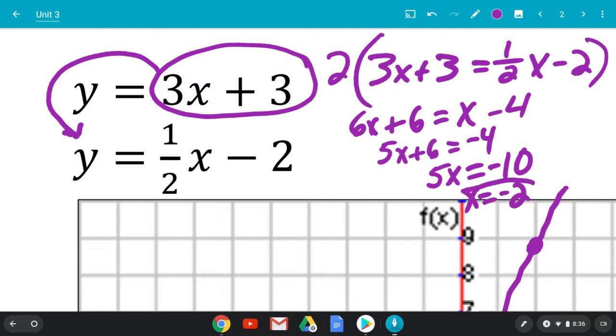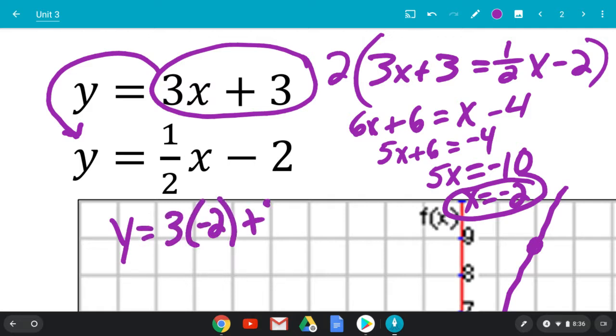Now what do I do with that negative 2? Plug it back in. I'm going to go to the top one so I don't have to deal with a fraction. So y equals 3 times negative 2 plus 3, or y equals negative 6 plus 3, or y equals negative 3. Cool? Questions on the substitution method?